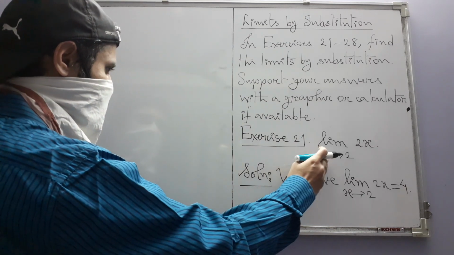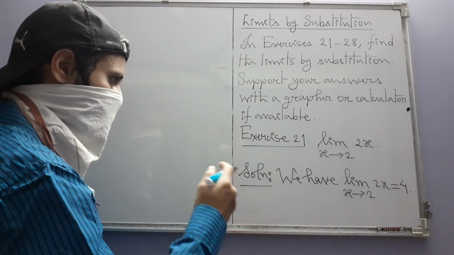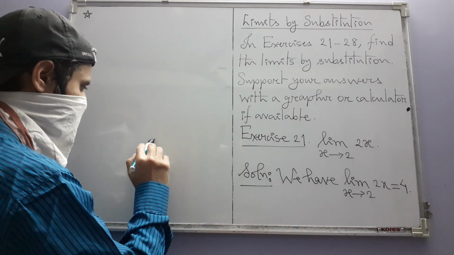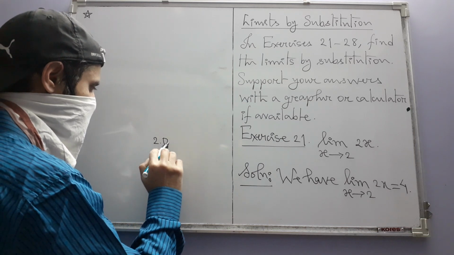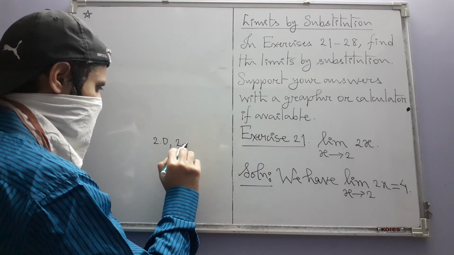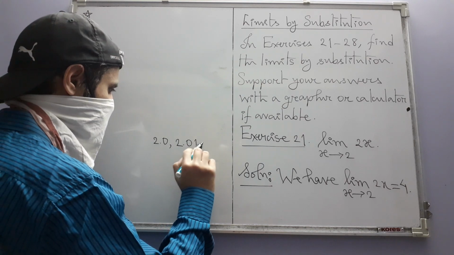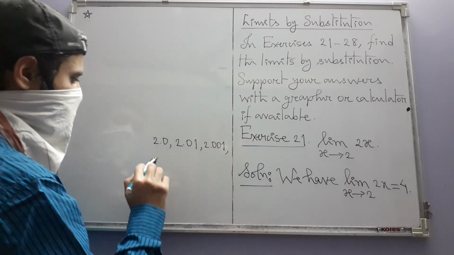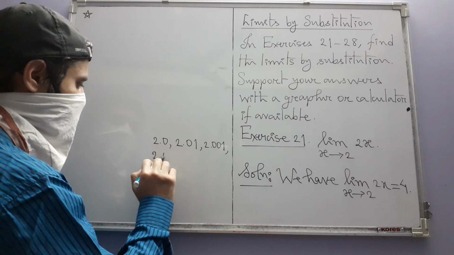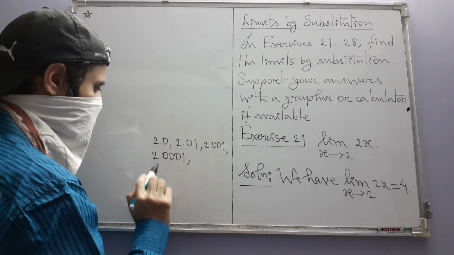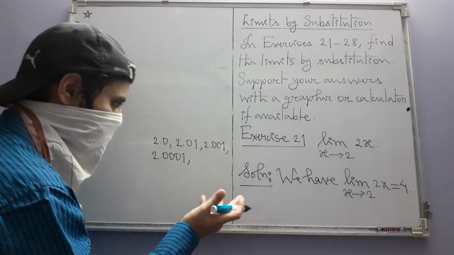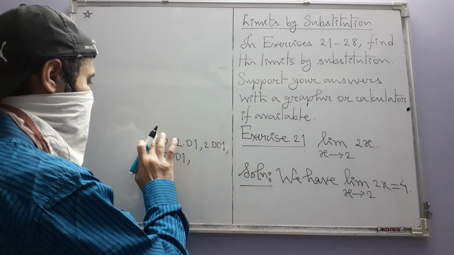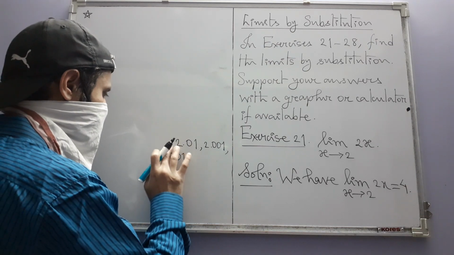If you take values of x that are close to 2 but that are greater than 2, then those values look like this. And you can see that as you increase the number of zeros, this is decreasing, right? Oh, I cannot take 2 itself, no?